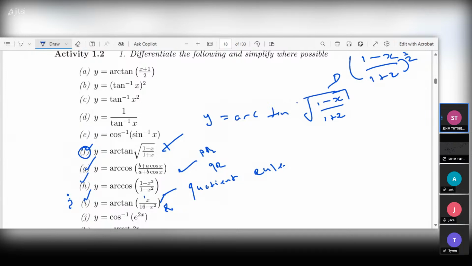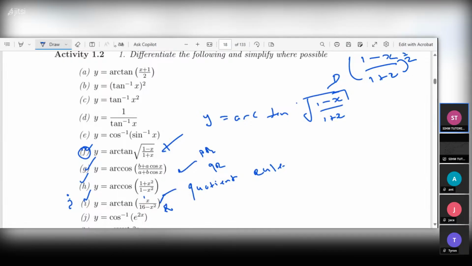It says y equals the arc cos, cos inverse of b plus a cos x, all divided by a plus b cos x.